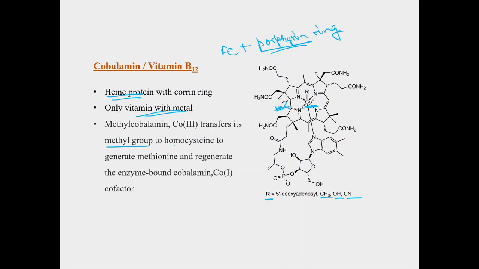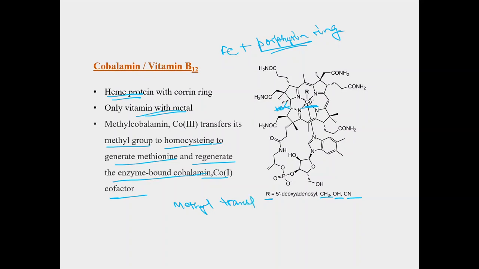This cobalamin can transfer the methyl group to homocysteine to generate methionine and regenerate the enzyme-bound cobalamin Co(I) cofactor back. So one type of reaction which this cobalamin shows is methyl transfer, right?